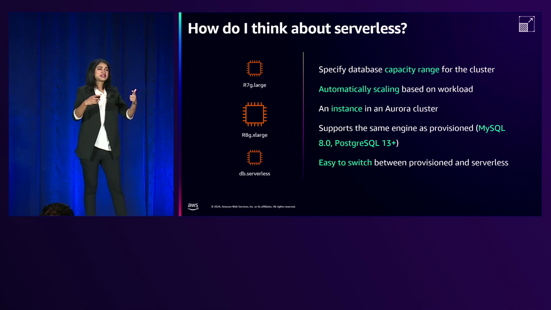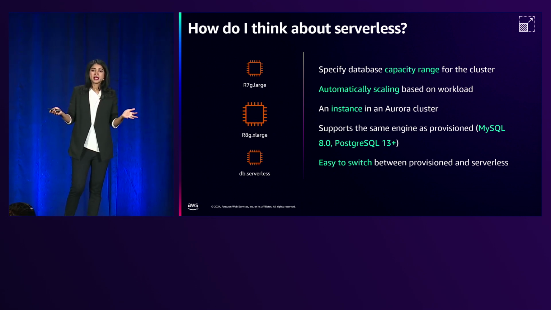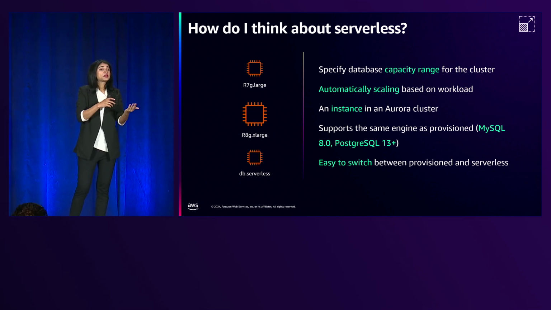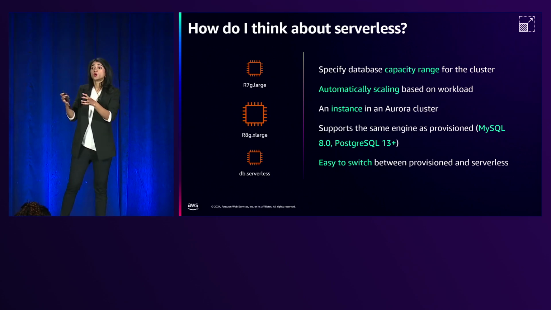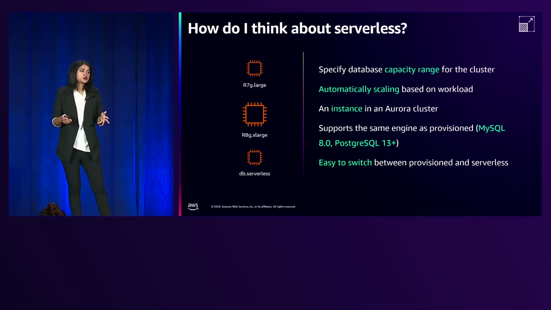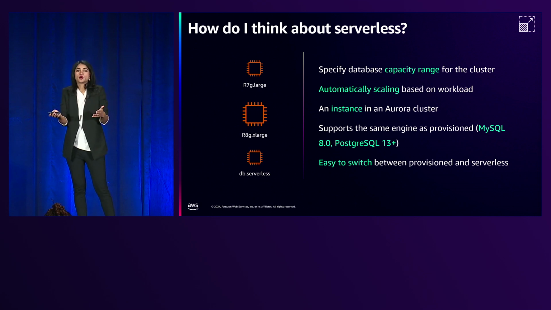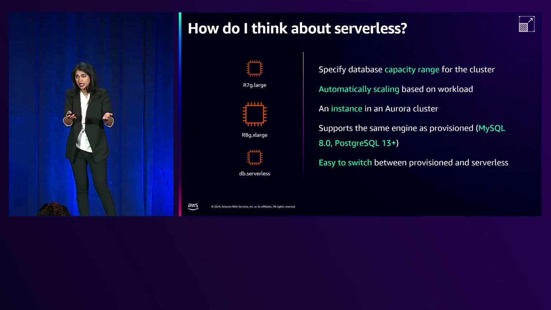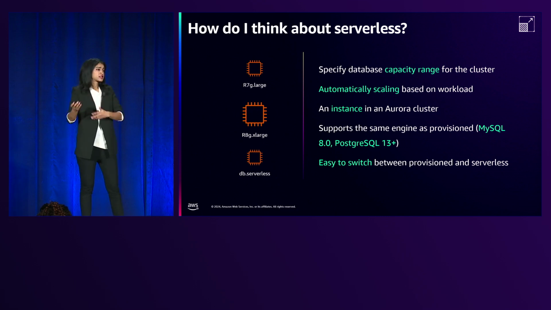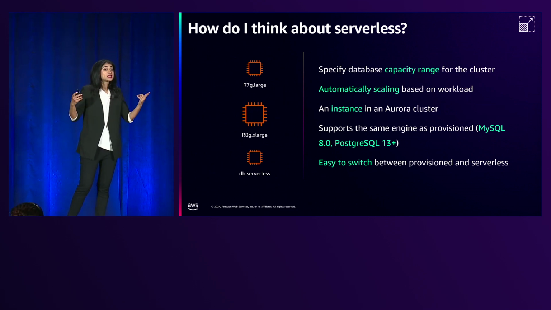And since we have built it such that most of the code is the same, it's also easy to switch between regular provisioned flavor or serverless. So you're not locked into one or the other. And depending on your use case, you can use whichever you want. It's basically you're going from an instance, which could be a provisioned flavor or a serverless flavor instance. So think about it in those terms.